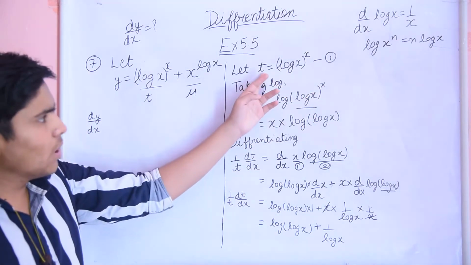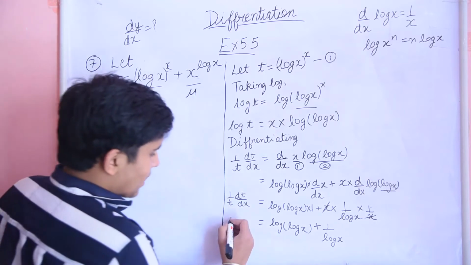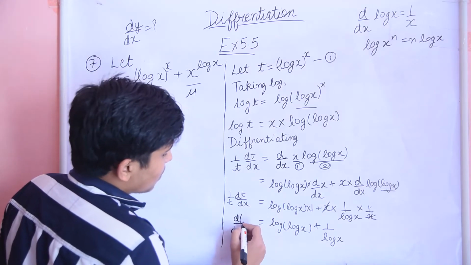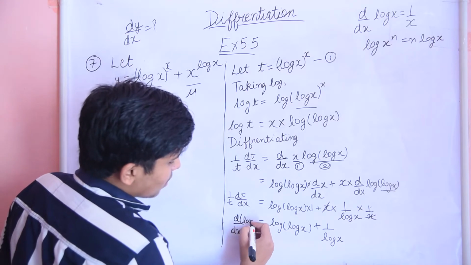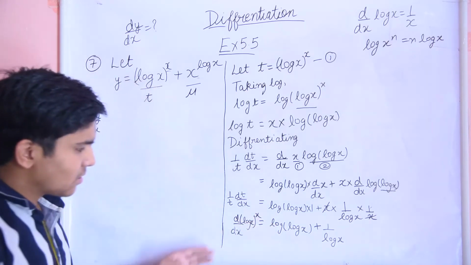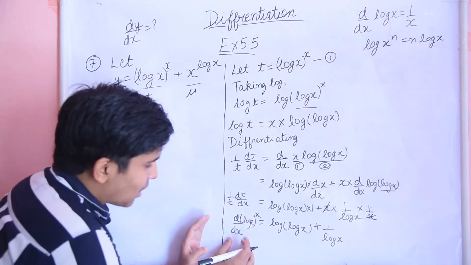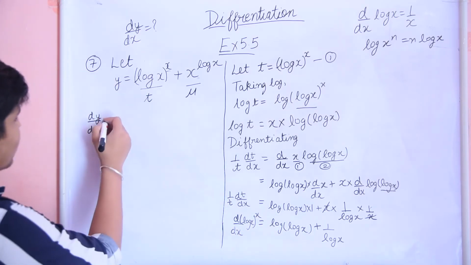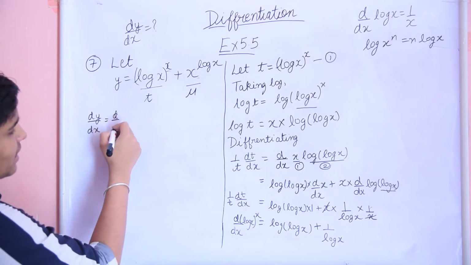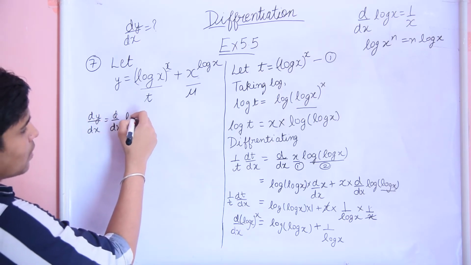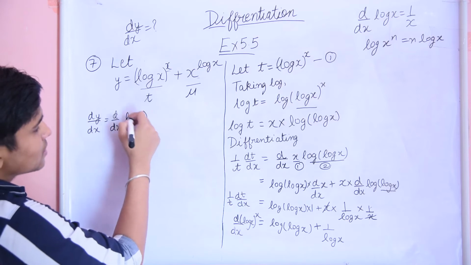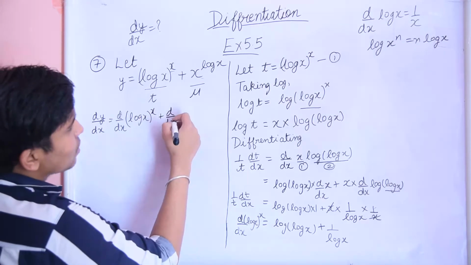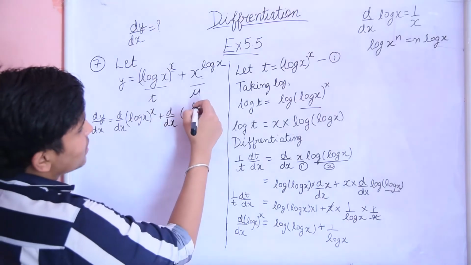So putting the value of t here, we will get d by dx of (log x)^x, and there is a multiplication of 1 upon t here, and we have to get d by dx of (log x)^x plus d by dx of x^(log x).